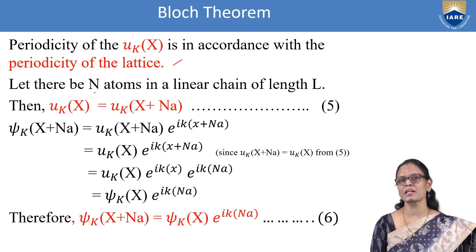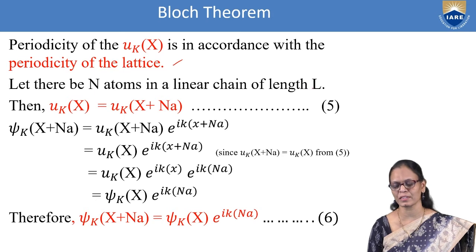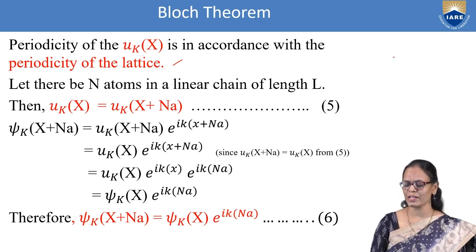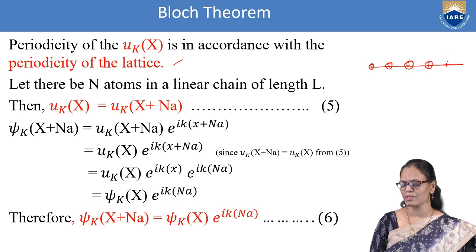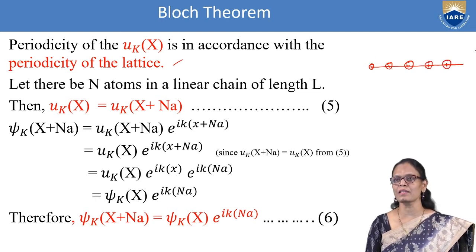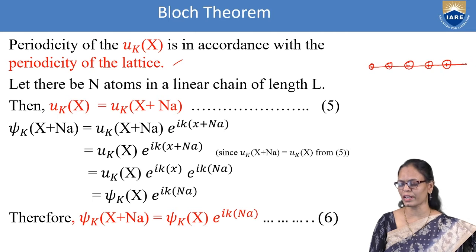Now let there be n atoms in a linear chain of length L. We consider only the arrangement of atoms along the positive x-axis. There are n number of atoms, and it may continue to many atoms. The distance between each is a, and they are periodic.